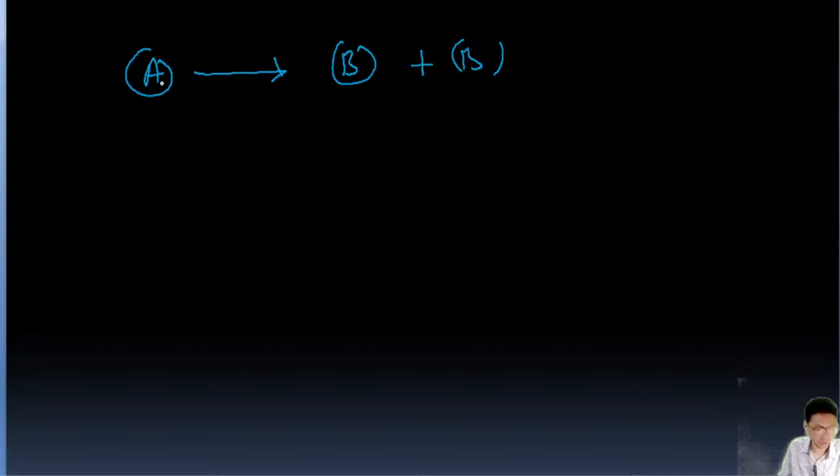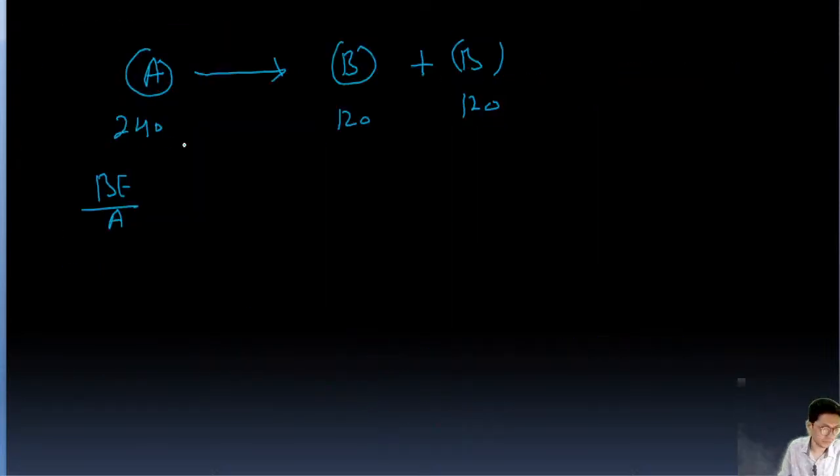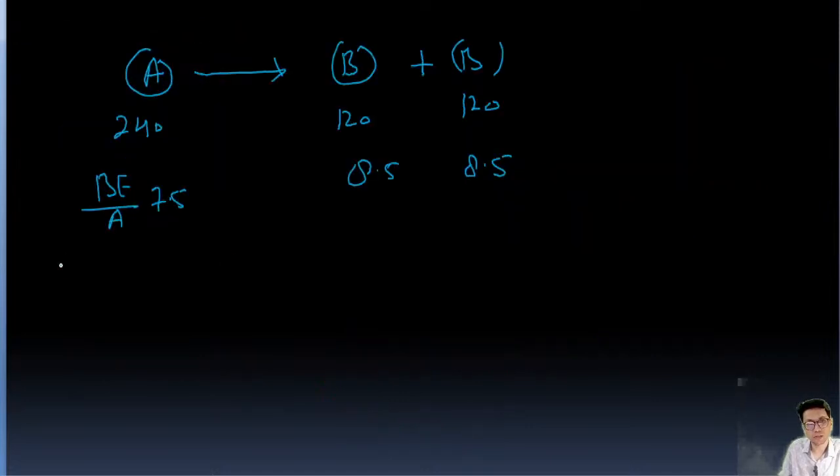So now I'll solve it. We have been given mass A breaks into mass B plus mass B. The mass number for the reactant is 240, for each product 120. For 240, the binding energy per nucleon is 7.5, and for 120 the binding energy per nucleon is 8.5.